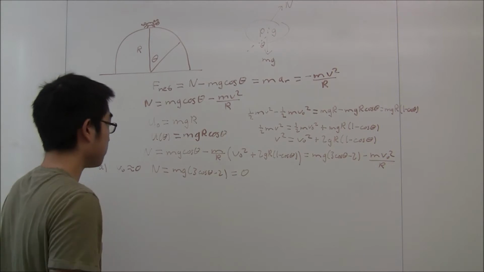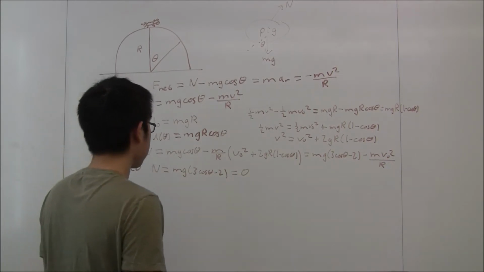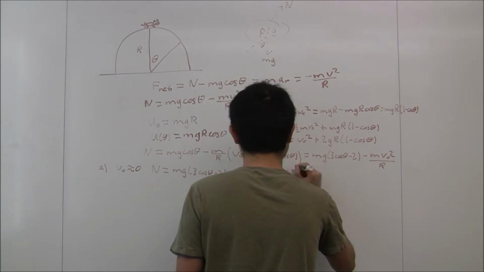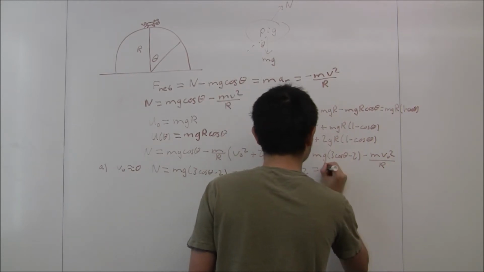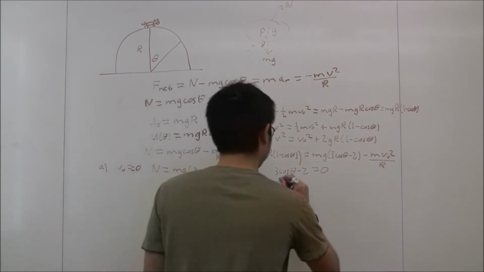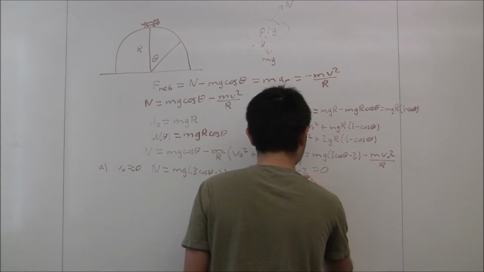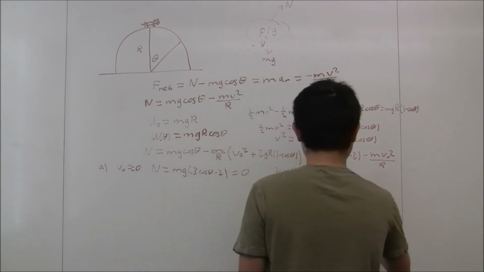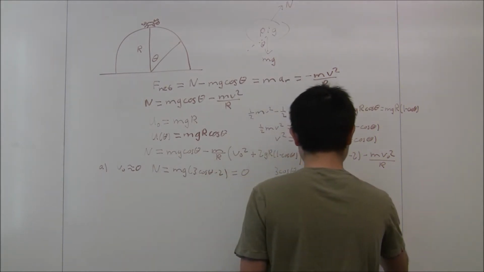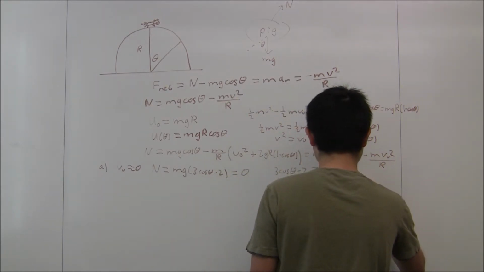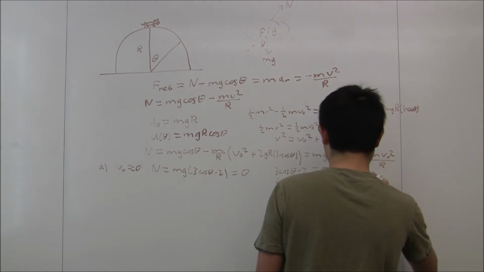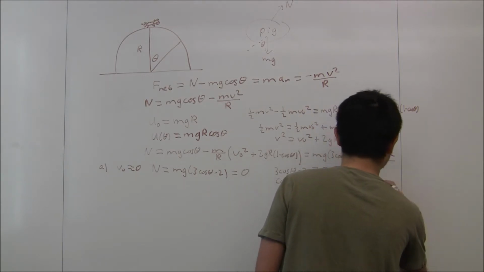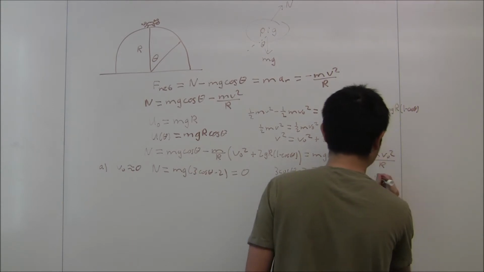So m and g are positive, which means that 3 cosine theta minus 2 is equal to 0. So cosine theta is equal to 2 over 3, which means that theta is equal to the inverse cosine of 2 over 3, which is approximately 48 degrees.